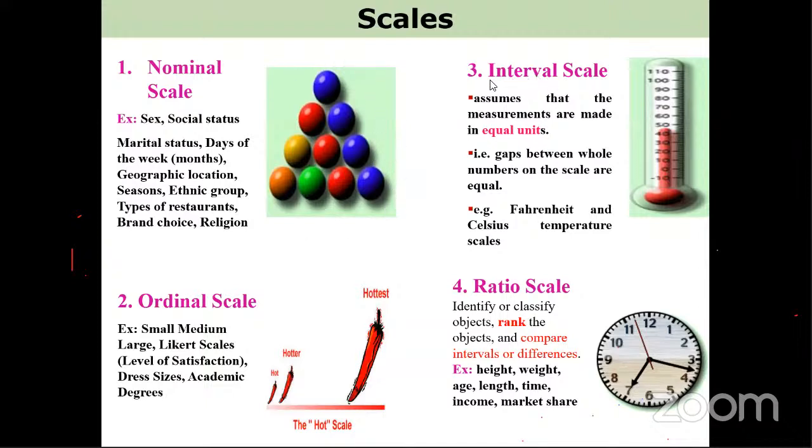And these other tools, interval scale and ratio scale. Interval scale assumes that the measurements are made in equal units. Gaps between whole numbers on the scale are equal. If you see the example in this image, -10, 0, 10, what is equal?